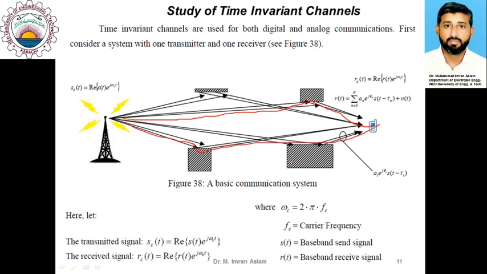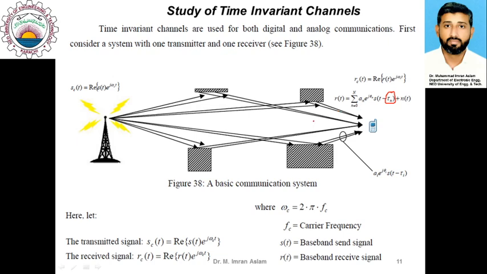Eventually, because of the different propagation lengths, the time taken by the signal from this base station to the mobile station would be different. So these multiple copies of the signal will arrive at different delays, represented as delays of tau n. So each multipath component is associated with a delay.